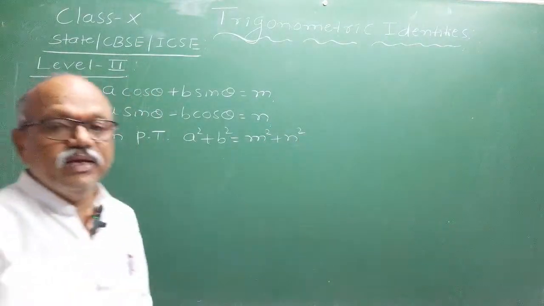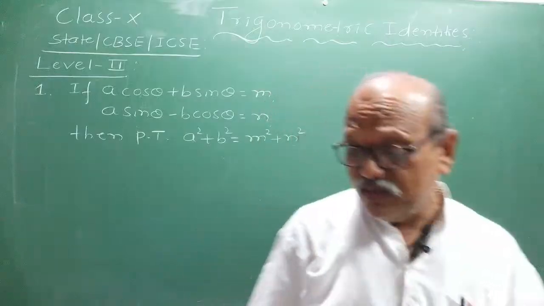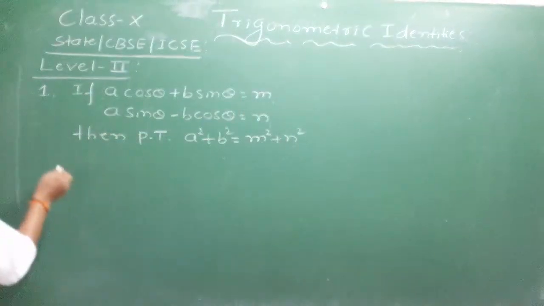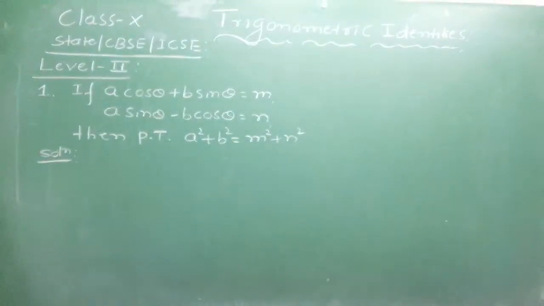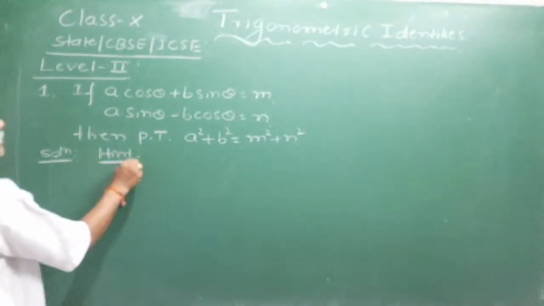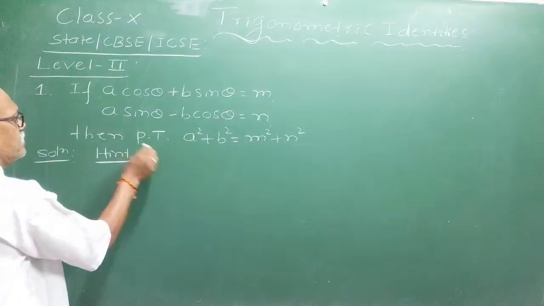Today we will see a few difficult questions, level 2 questions, and such questions appear in CBSE level, ICSE level. See, the hint to solve this problem is start from RHS.